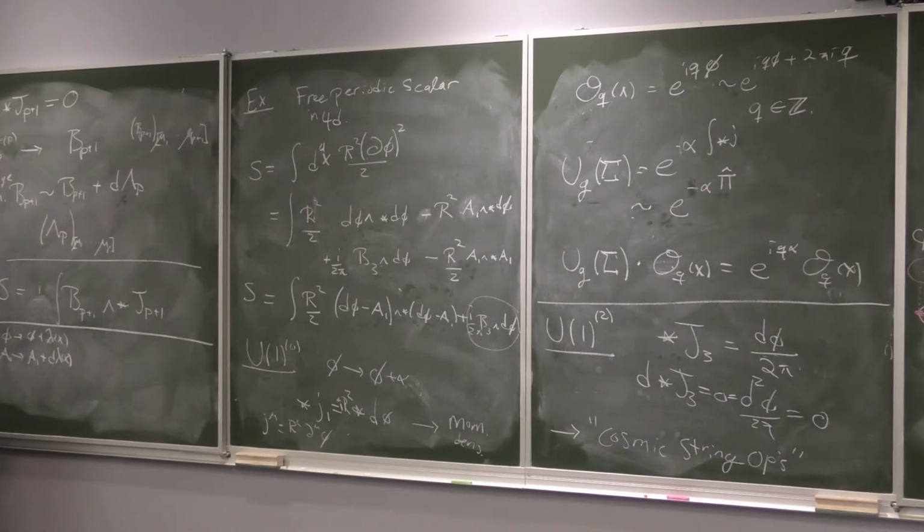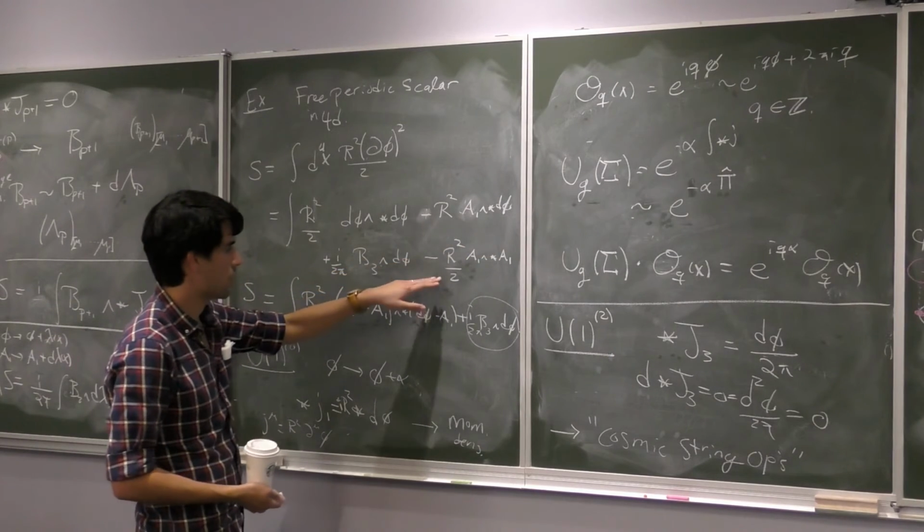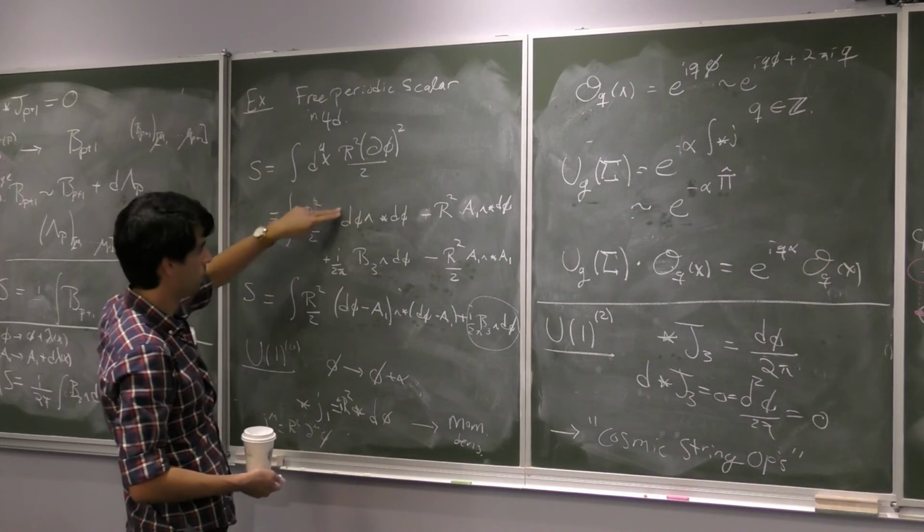And so what we find is that the variation of this action with respect to this background gauge transformation looks like i over 2 pi B3 wedge d lambda. Here we added a background term, a counterterm, to cancel the gauge variation of this term.